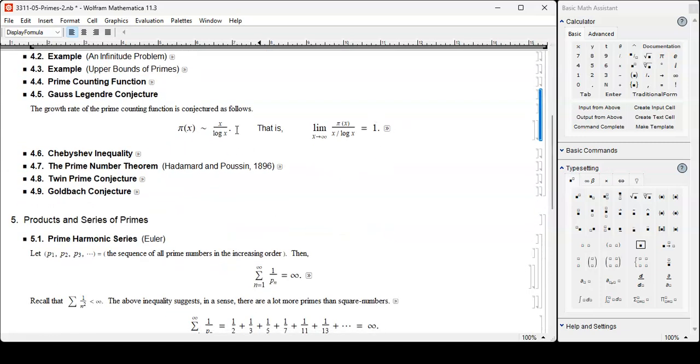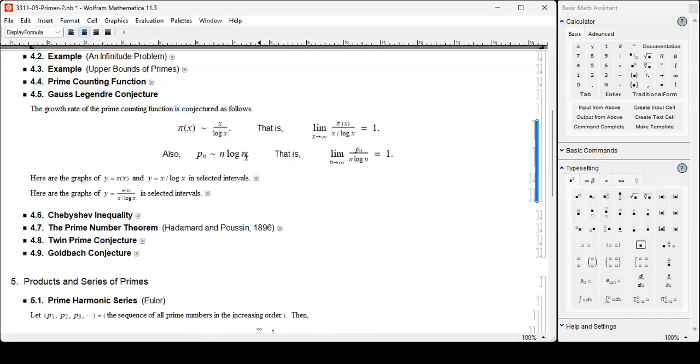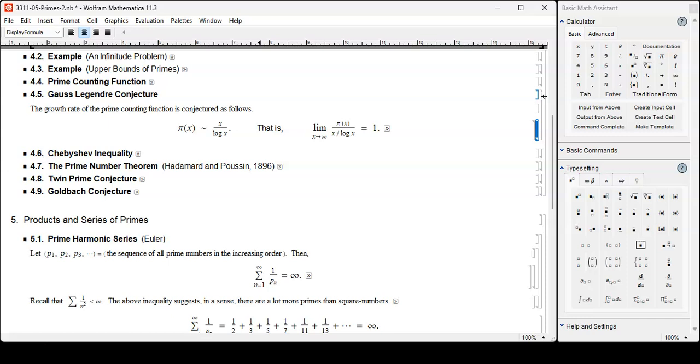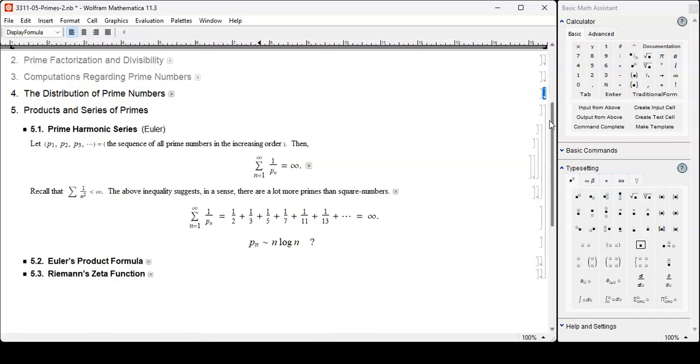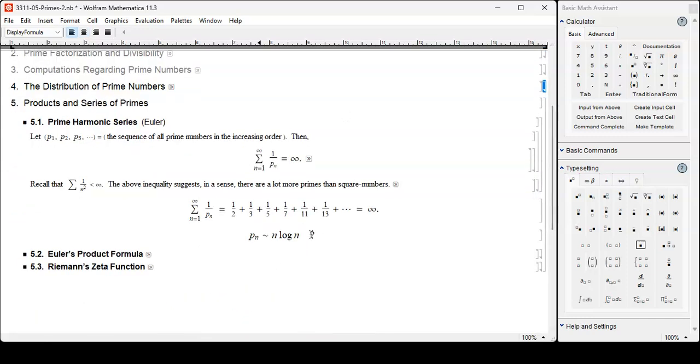The first form is this. The prime counting function is growing at the order of x over log of x, and it can be proved that that's equivalent to the nth prime growing in the order of n log of n. Of course, we're not going to do that in this class, but it is well known.